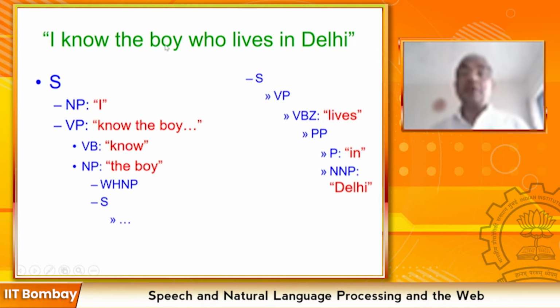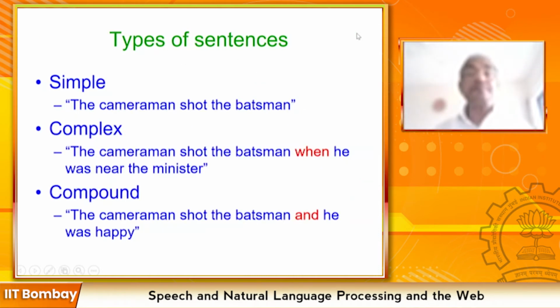The boy who lives in Delhi has this structure, WHNP, and lives in Delhi is a verb phrase which actually is a sentence by itself and is preceded by a WHNP. So the boy who lives in Delhi is a complete structure.